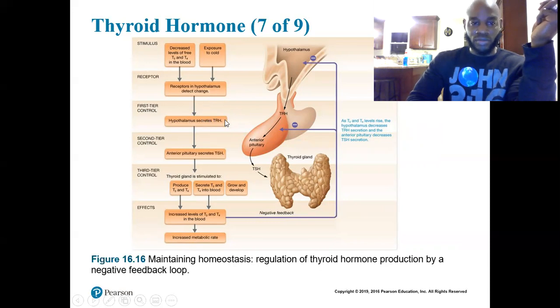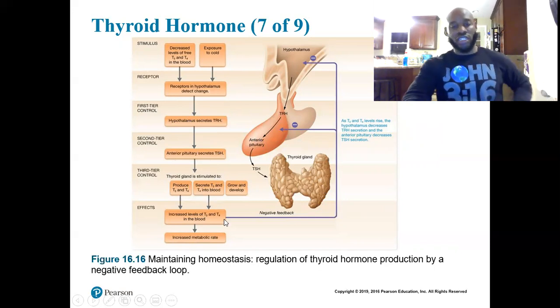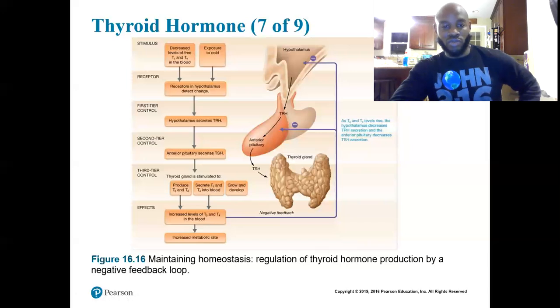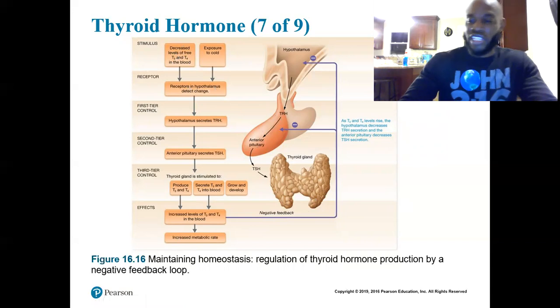The hypothalamus secretes the TRH, which goes to the anterior pituitary, a trophic hormone, that causes the anterior pituitary to secrete TSH, which then controls the thyroid to produce T3 and T4, which are secreted into the blood, increases the levels of T3 and T4 in the blood, increases your metabolic rate. Once you get back to normal, you stop the release of the TRH from the hypothalamus, and this whole process will stop temporarily until it is needed again.